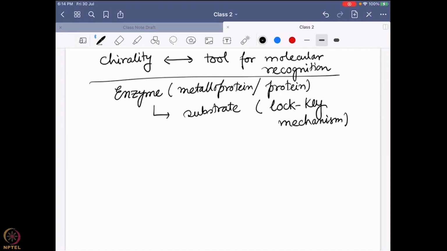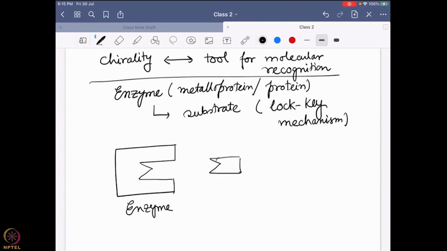And we all look into those things. So for example, this kind of, say, cartoon characters. So say this is my enzyme. And this is my substrate coming.